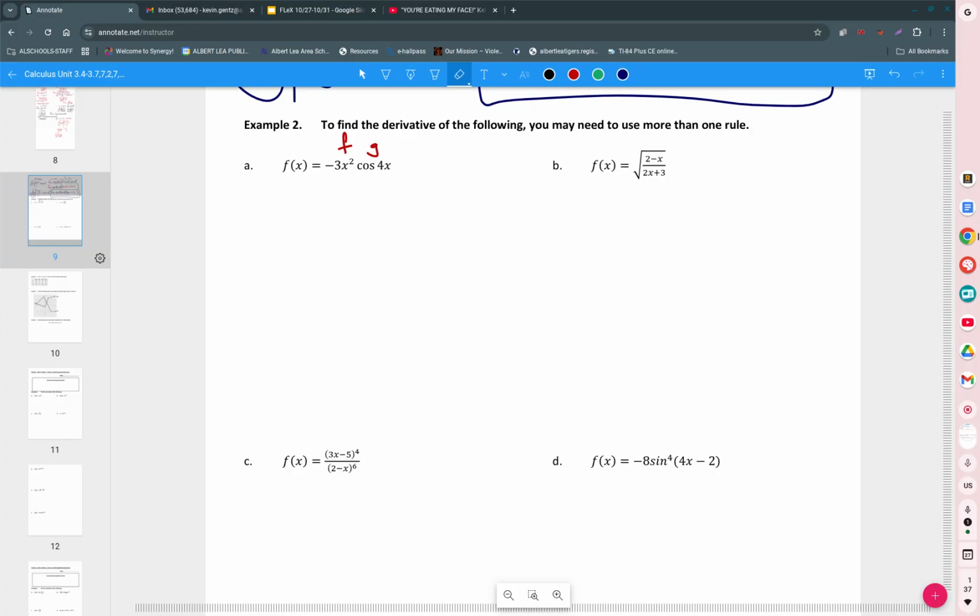So the first thing I'm going to set up in this situation is, and I'm going to use space over here because I don't have a lot of room to write. Sorry if you need to take out a scratch sheet of paper, but I'm going to set my chain rule up over here. I have u to the 1/2. And what is on the inside? 2 minus x over 2x plus 3.